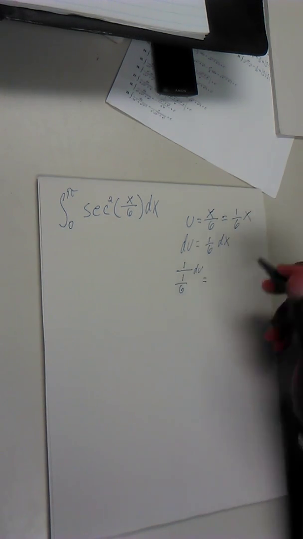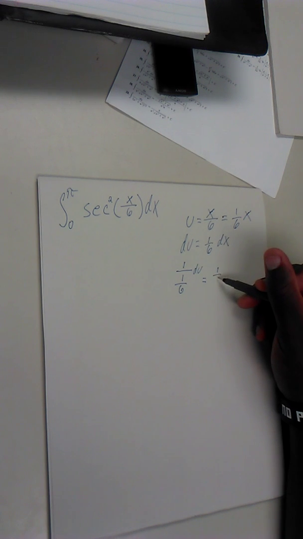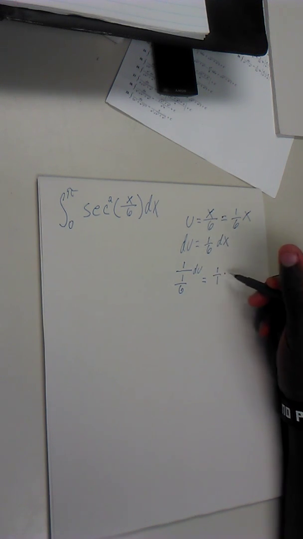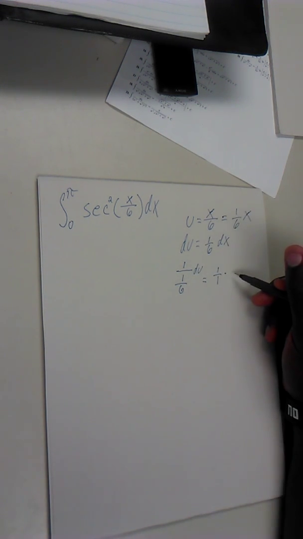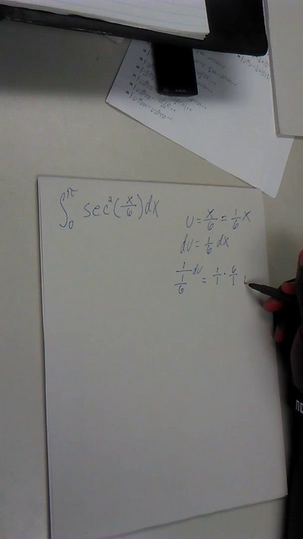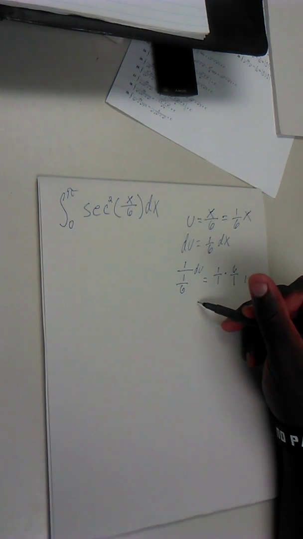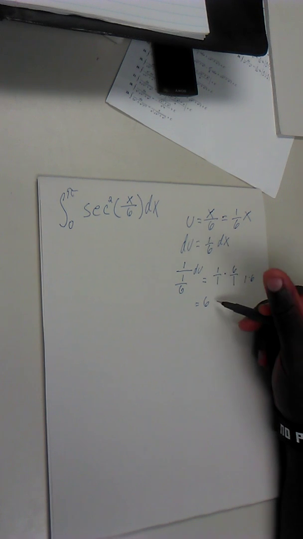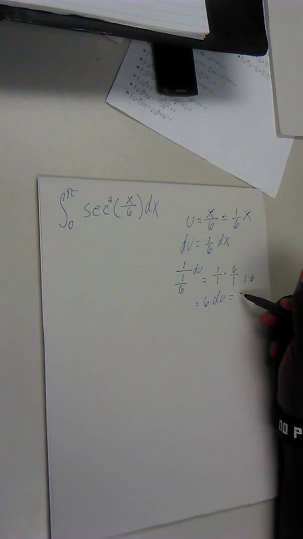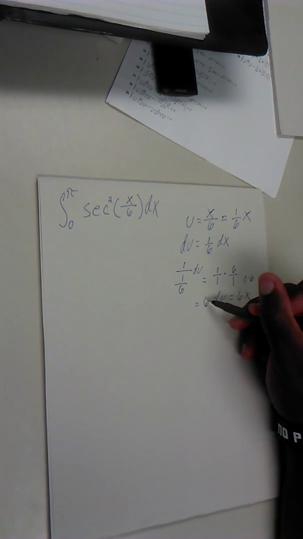This 1 is the same as 1 over 1, and the reciprocal of 1/6 is 6 over 1. So this is 1 times 6, which is 6. So 6 du is equal to dx, right?